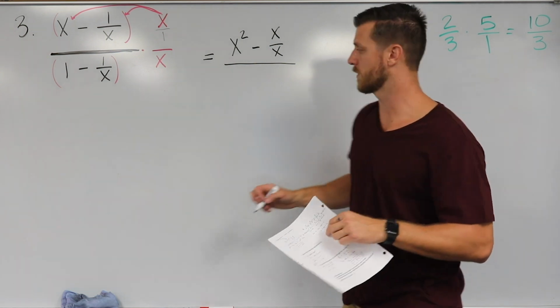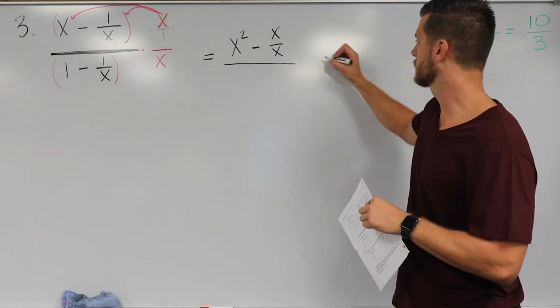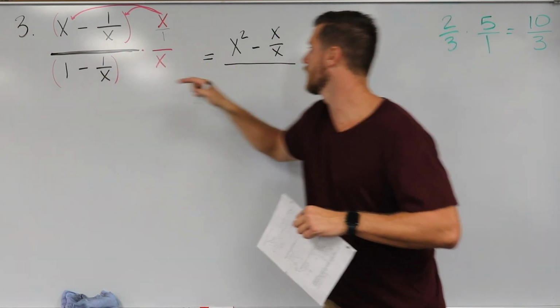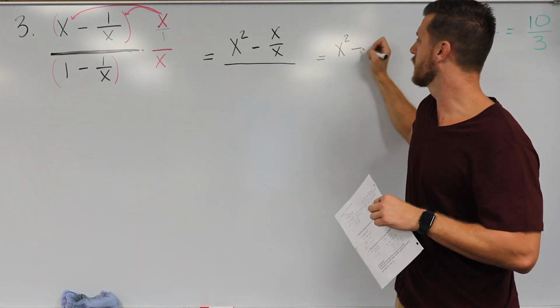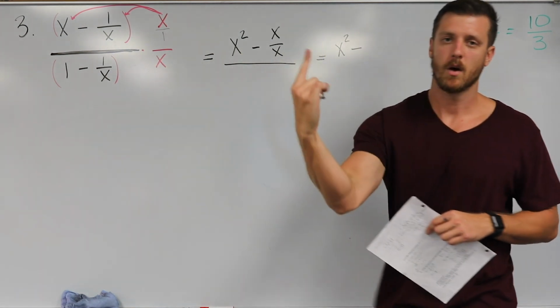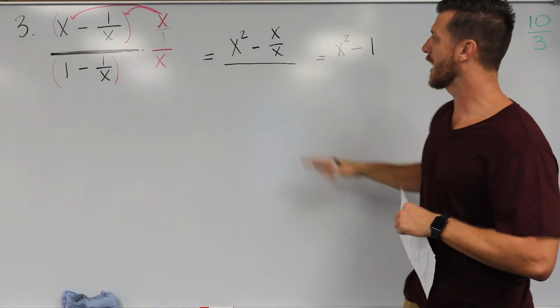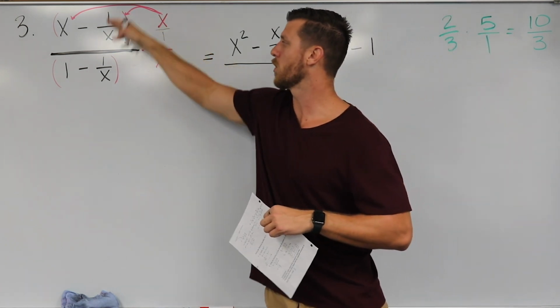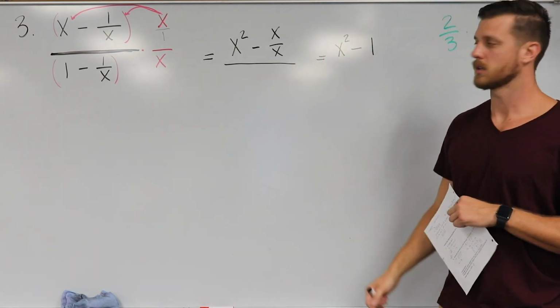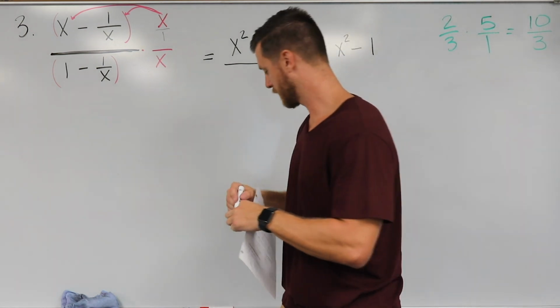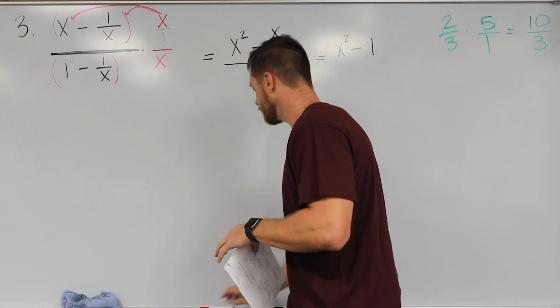You know what? Let's just do it for the heck of it. Watch this. So we haven't done anything here. But what happens here? X squared minus, what's x divided by x? 1. So what happens when you say x divided by 1 over x? Goes to 1. All right? So let's try it again. We've got to do the other one.